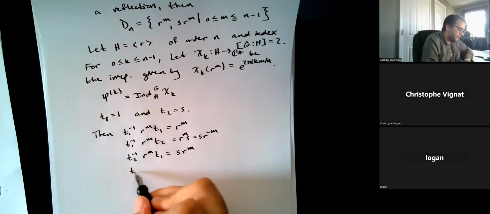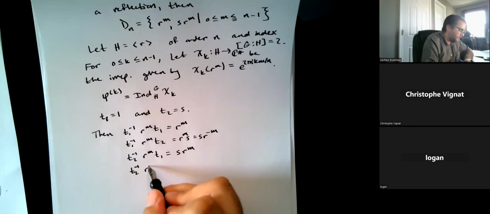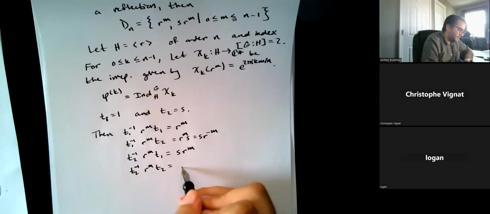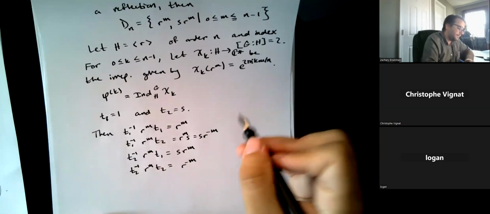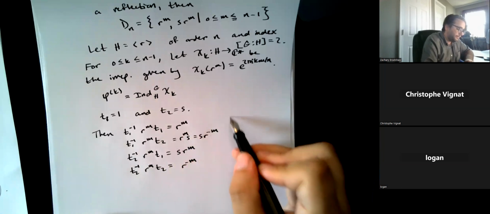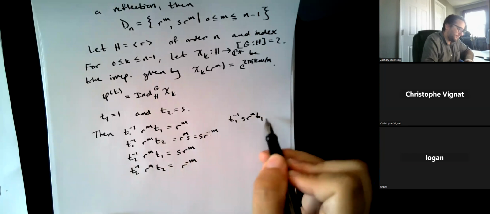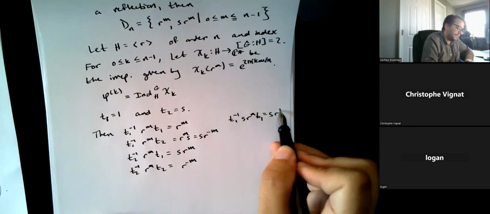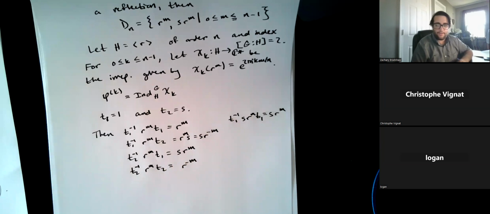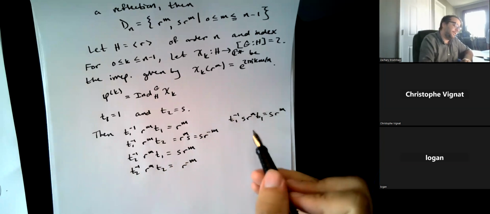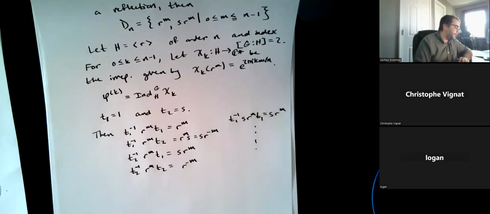I'll write down maybe one more. You do the same thing for S R to the m. This comes out to S R to the m because T1 is the identity, and you just keep going down the list like this.